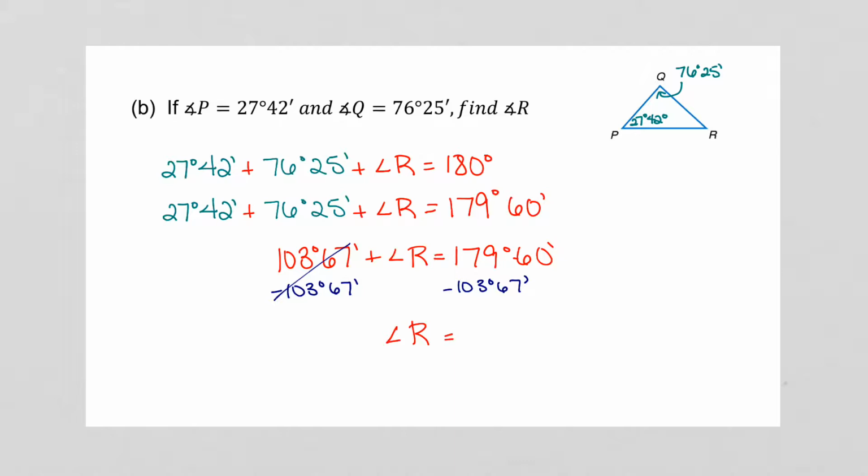Notice when we perform that subtraction, we would get 179 minus 103 is 76, and 60 minus 67 is -7. Well, that doesn't really make sense. So what you have to do is take that 7 from a degree of the 76. So it'll take the 76 down to 75 degrees, and then 60 minus 7 is 53 minutes.